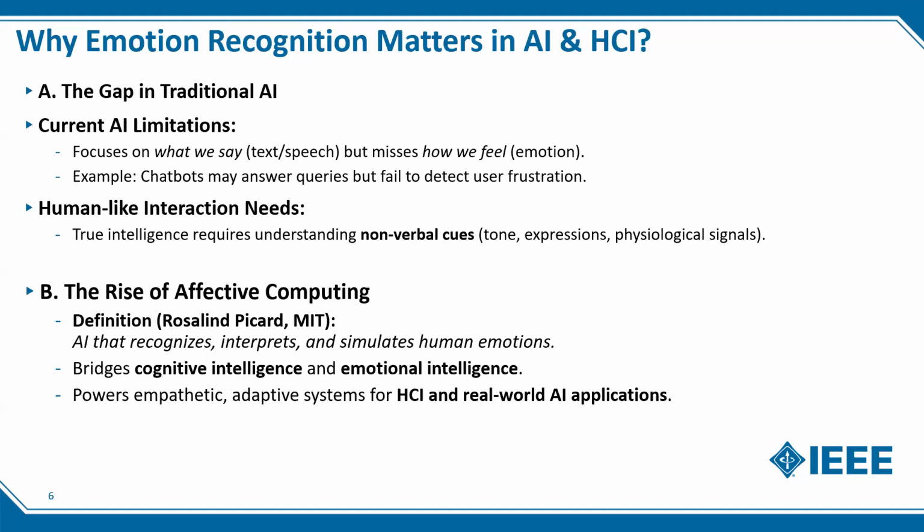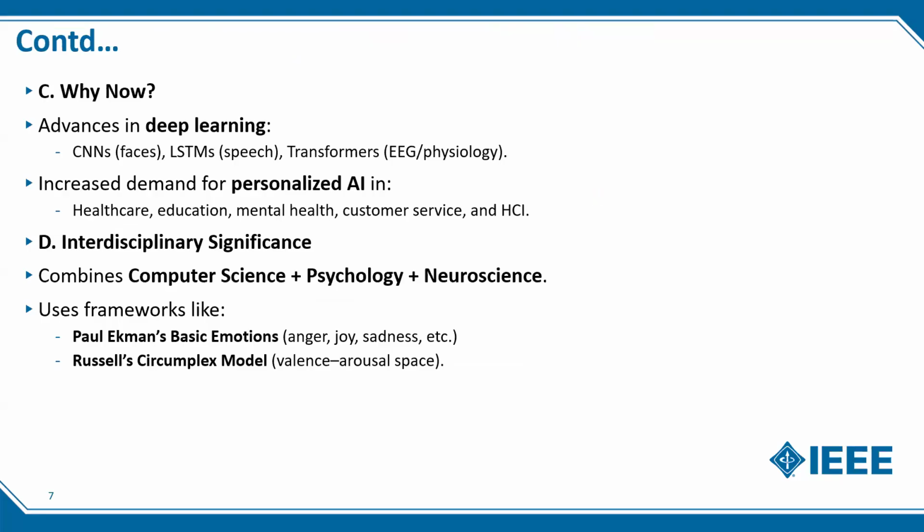It is an AI system that can recognize, interpret, and process human emotions. Such research is going on, and moreover we now have advanced deep learning models, like advanced CNNs for face recognition, LSTMs for speech recognition, and transformer models for classifying EEG or physiological signals.